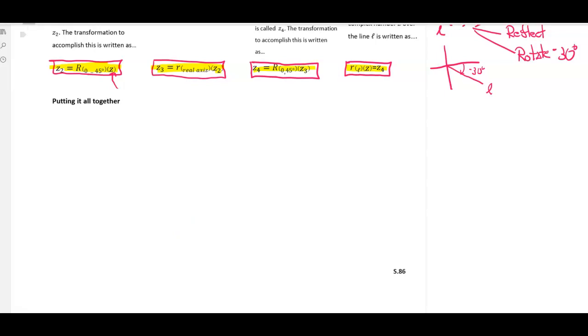Okay, so start with this. The reflection over the line L of Z. Z is our original point. Okay, now our original point, guys, has the coordinates 1 plus 5i. That's where we started.